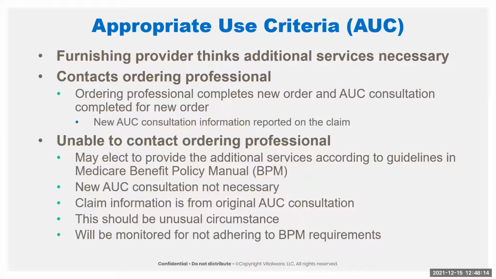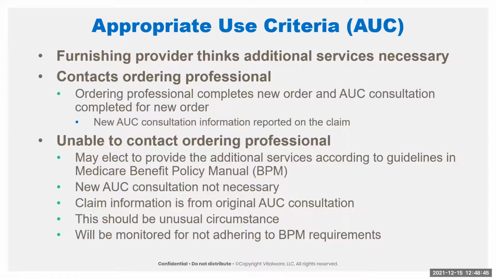Well, let's say you're not able to contact the ordering professional. That's where the changes come in. Then the furnishing provider may elect to provide those additional services according to the guidelines in the benefit policy. In this instance, the appropriate use consultation is not necessary, and you would use the information from the original consultation on the claim.